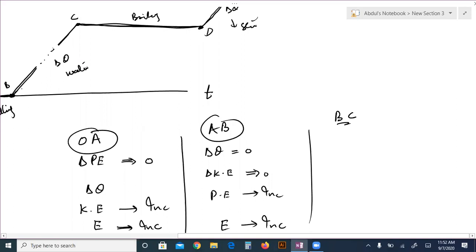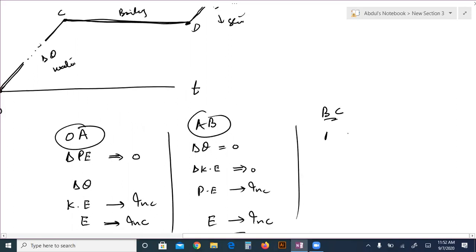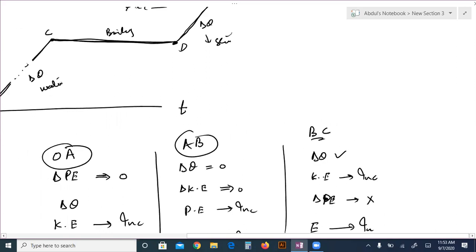Between B and C, there's a change of the temperature. So there is a change in kinetic energy. So kinetic energy increases. No change in the state. So the change in potential energy is 0, but the internal energy increases. This is B to C.